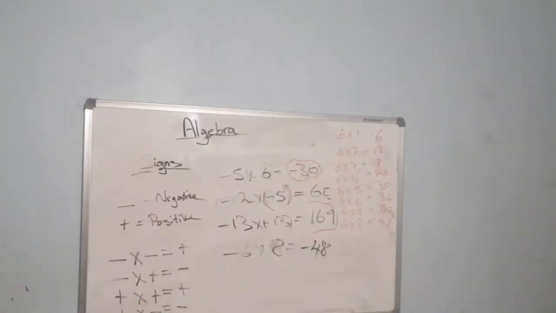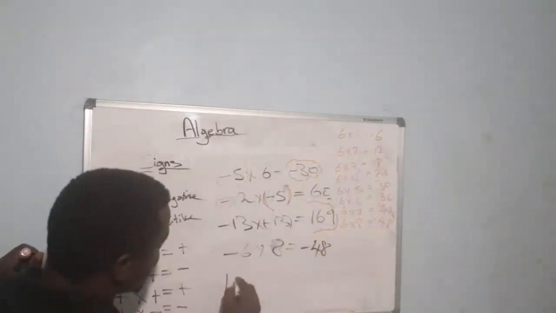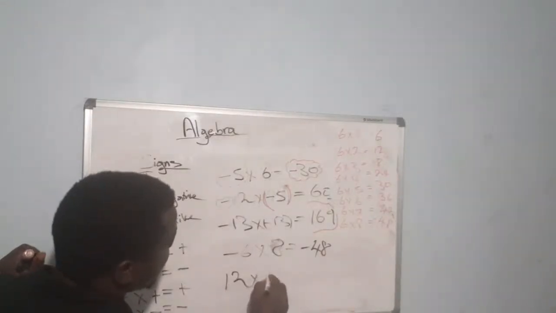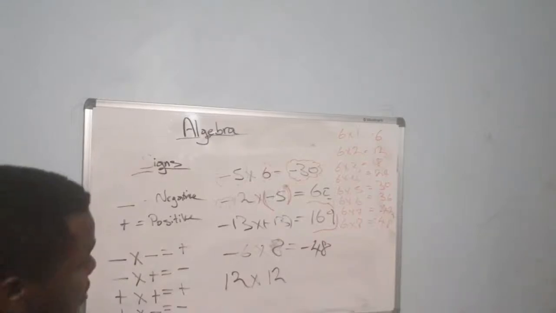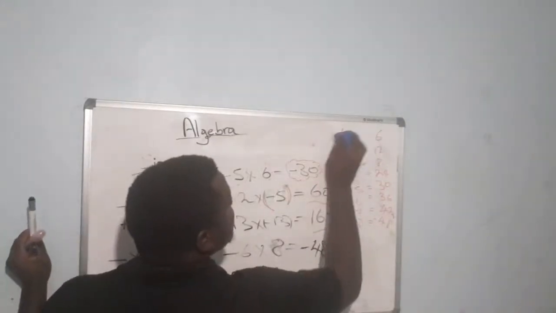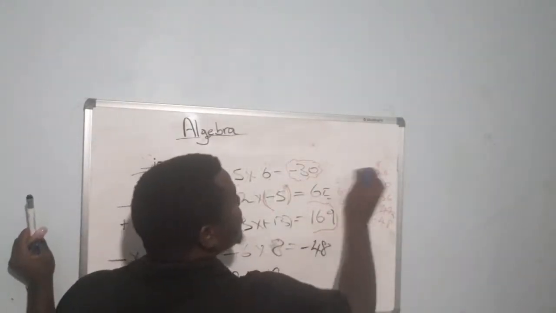Alright? So we now want to multiply two positive numbers. For instance, 12 multiplied by 12. So now we're going to go through this 12 times table.